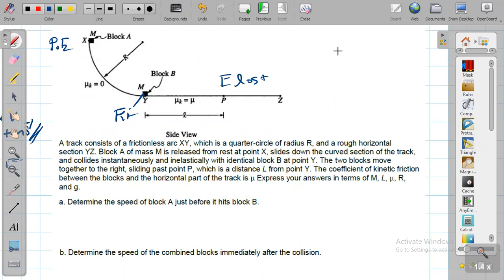The track consists of a frictionless arc XY, which is part of a circle of radius R, and a rough horizontal section.